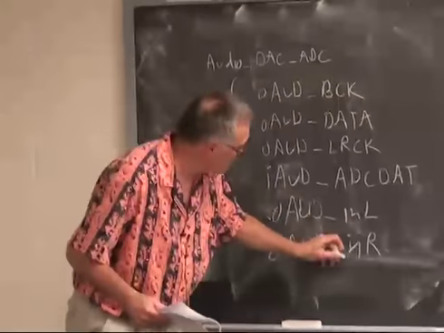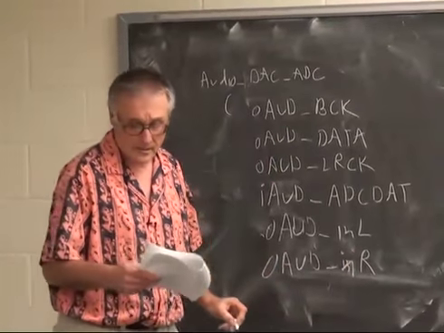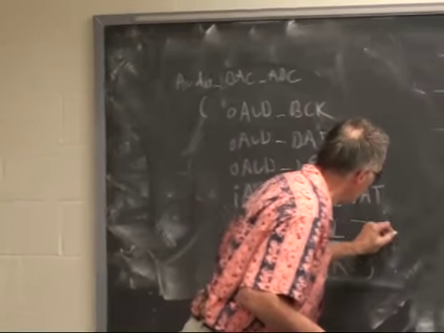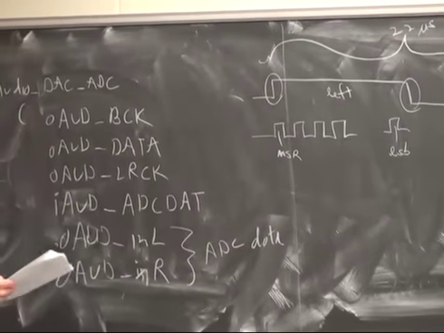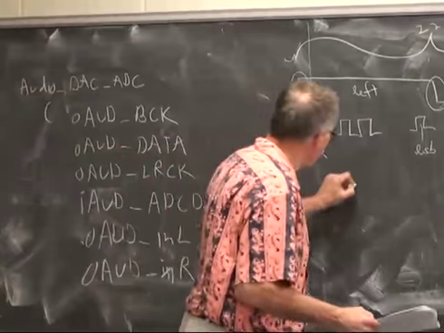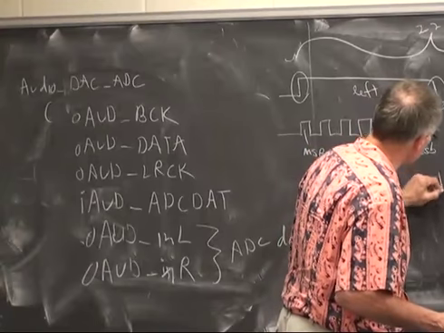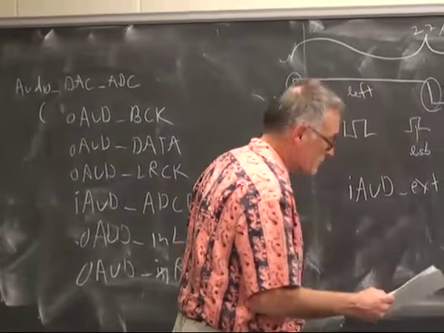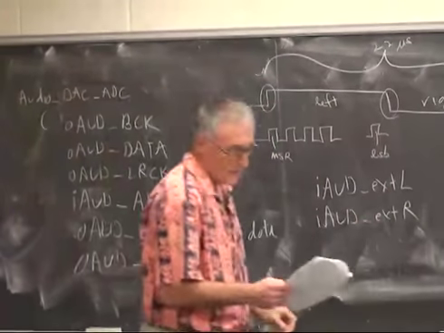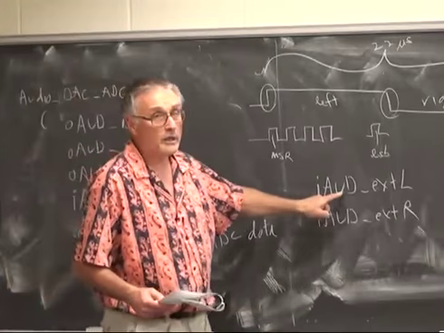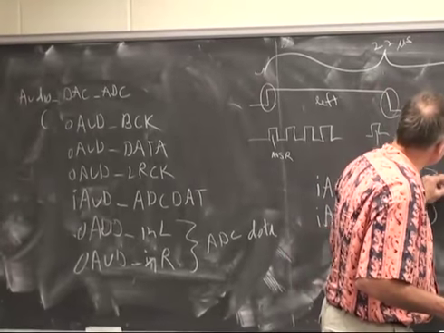It's an input to your code because it's the ADC data. There are two more outputs from your code called in AUD external left and in AUD external right, which are going to be the audio that you generate that gets sent to the DAC.